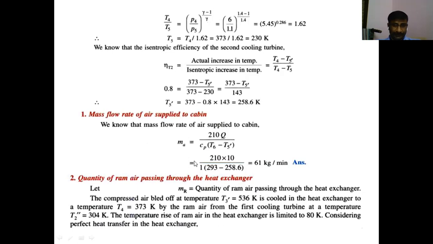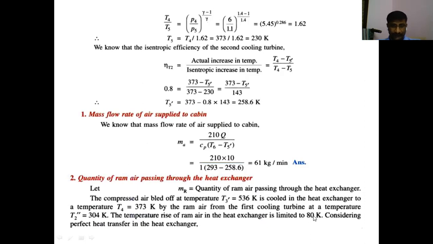Therefore, the compressed air is MA, ram air is MR. So MA into Cp into temperature drop, that is T3 dash minus T4, is equal to MR, mass of ram air, into Cp into temperature rise, that is 384 minus 304. Clear? 304 kelvins air rises to 384 because the temperature rise of ram air in the heat exchanger is limited to 80 kelvins.